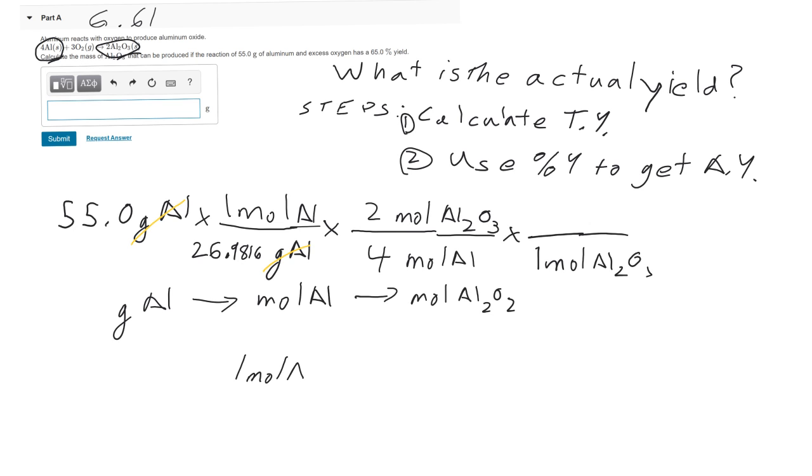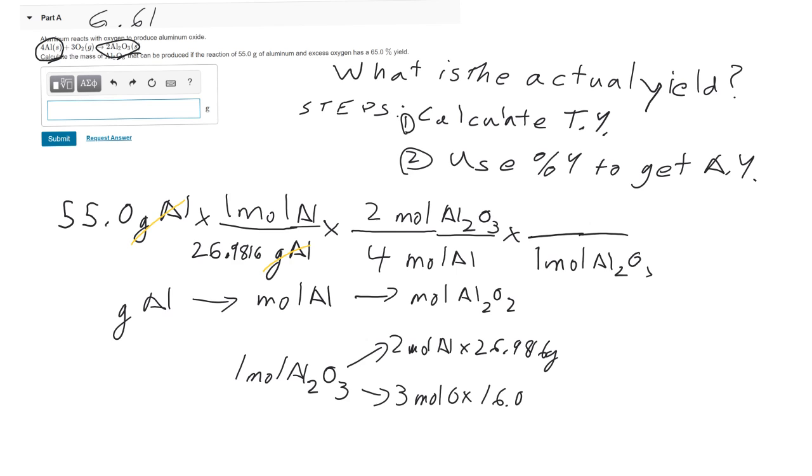1 mole of aluminum oxide contains 2 moles of aluminum at 26.9816 grams each, and 3 moles of oxygen at 16 grams each.